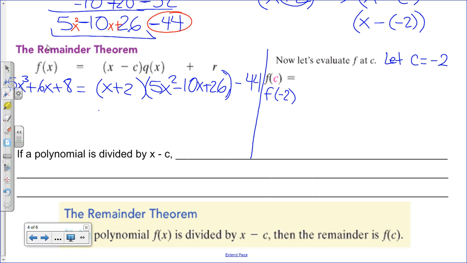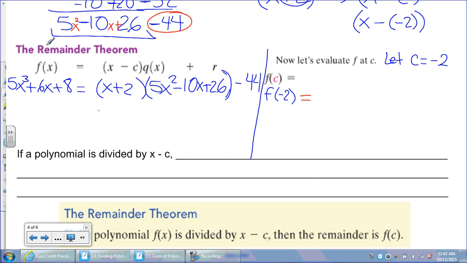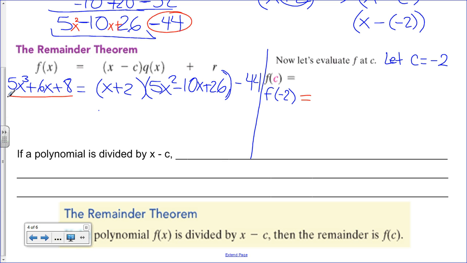So f of negative 2, for the same polynomial that we had as our dividend right here, will be 5 times negative 2 to the third power plus 6 times negative 2 plus 8. Here I'm going to do the exponents first, so it will be 5 times, what is negative 2 to the third power?